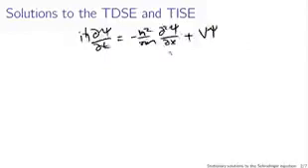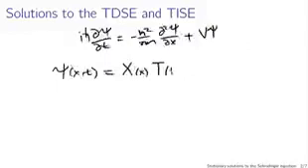We were able to make some progress towards solving this equation by writing psi, which is in principle a function of position and time, as some function of position multiplied by some function of time. Why did we do this? Well, it makes things easier. But haven't we restricted our solution a lot by writing it this way?